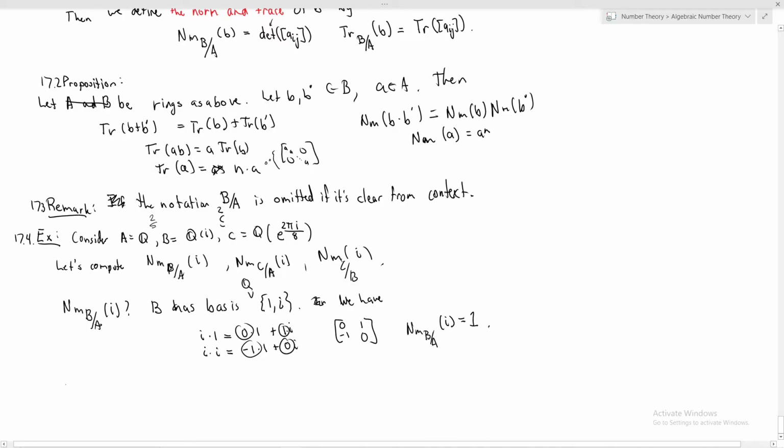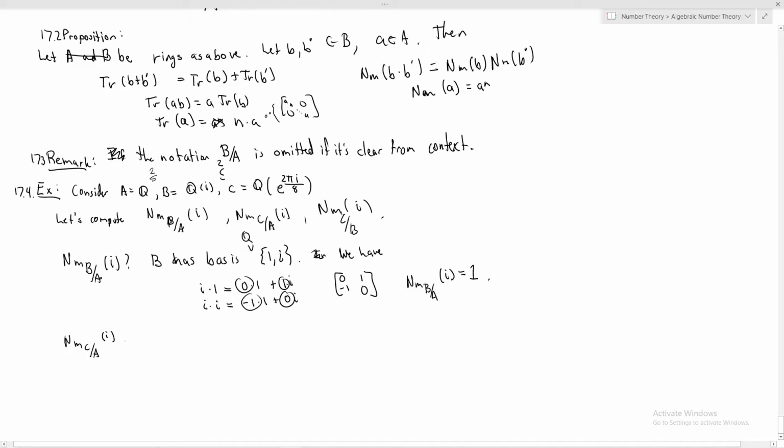Okay, so let's do the next one. Norm from C to A. So first we need a Q basis of C. Now, this basically will be, let's see, all the 8th roots of unity.